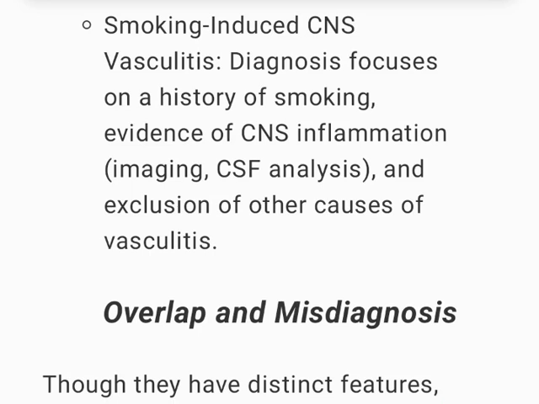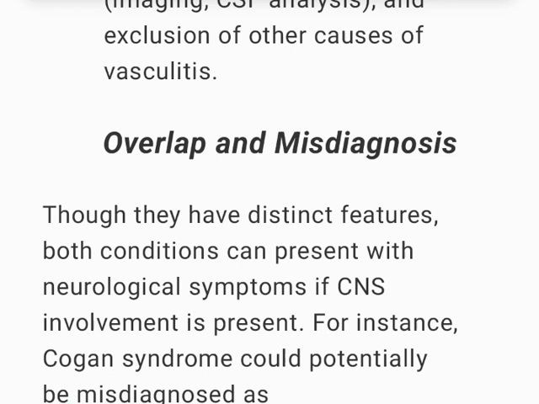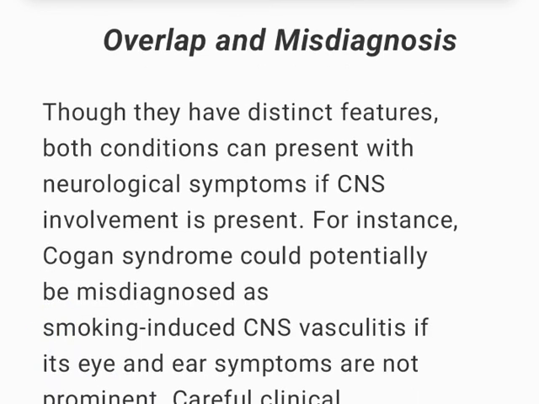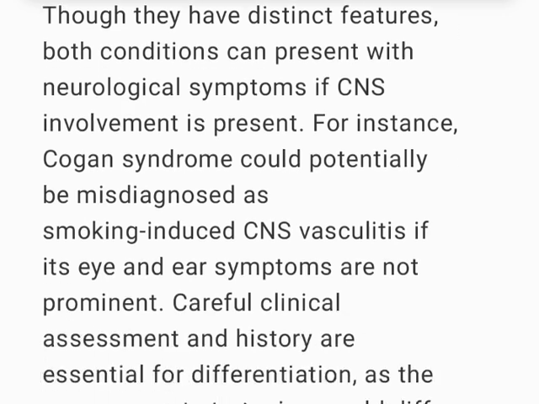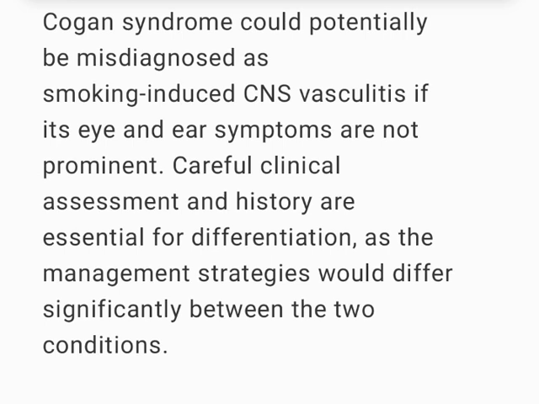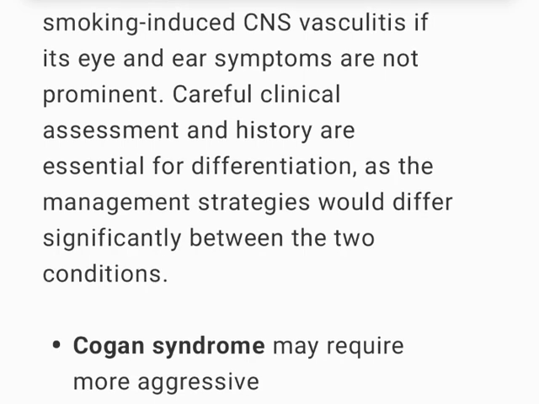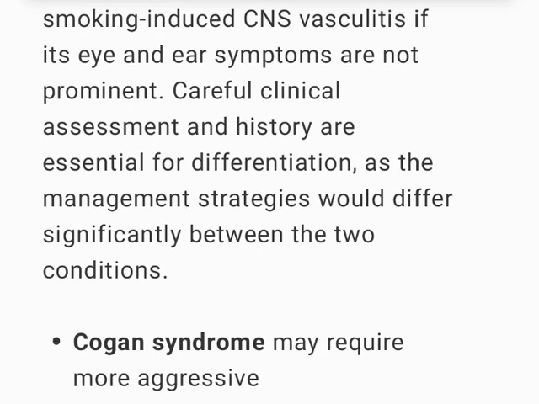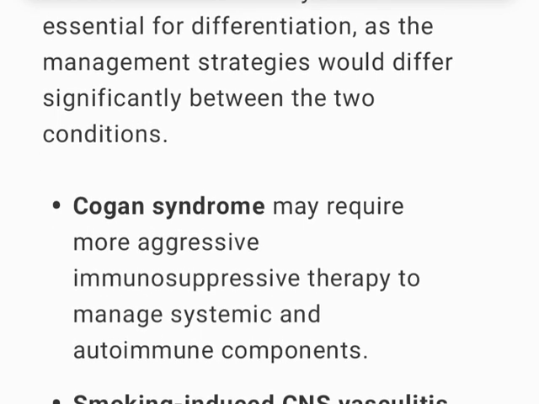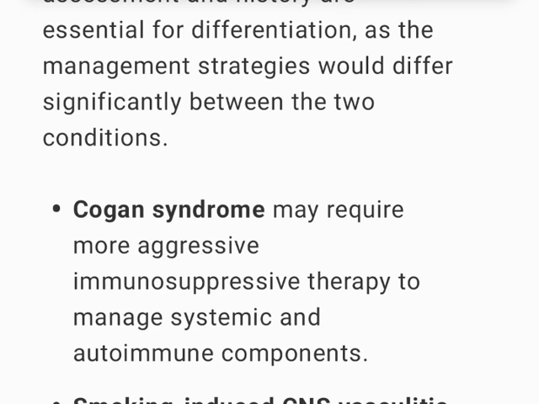other causes of vasculitis. Overlap and misdiagnosis. Though they have distinct features, both conditions can present with neurological symptoms if CNS involvement is present. For instance, Cogan syndrome could potentially be misdiagnosed as smoking-induced CNS vasculitis if its eye and ear symptoms are not prominent. Careful clinical assessment and history are essential for differentiation, as the management strategies would differ significantly between the two conditions.